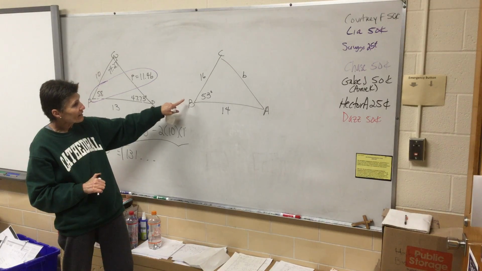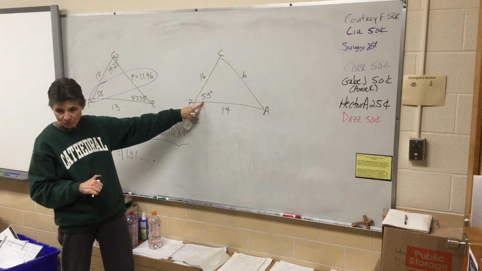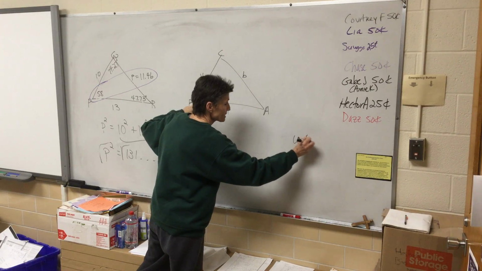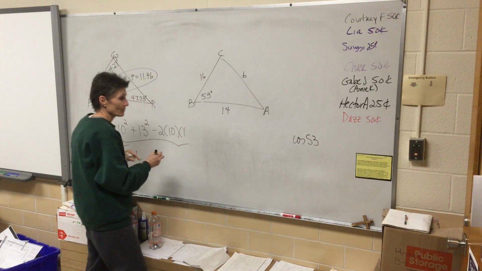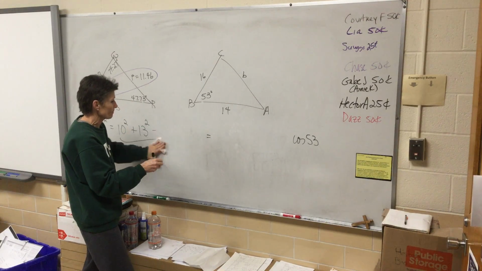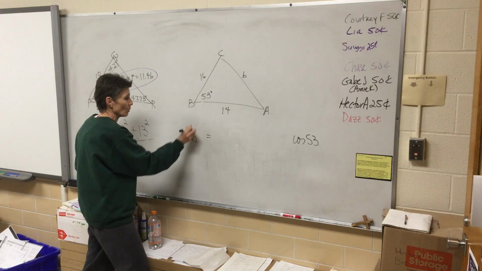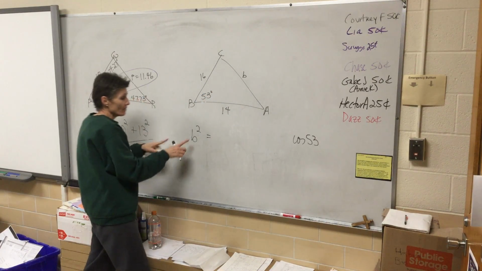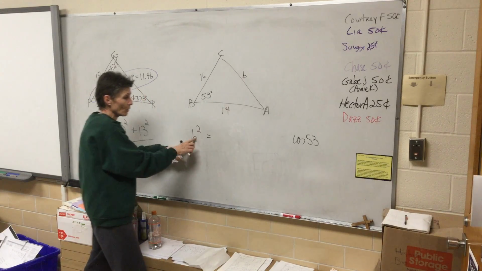The angle that I know is 53. So out here on this end, it's going to say cosine 53. On this side of the equals, it's going to say b squared.